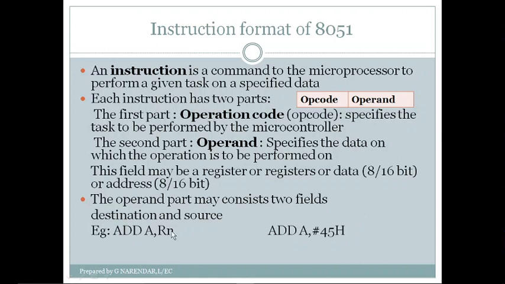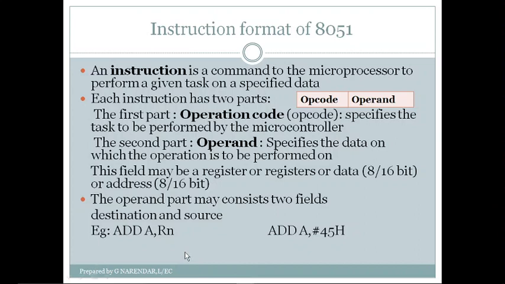So all these specifications are specified by the instruction to the microcontroller. I can give the overall meaning of this instruction: it is a command to the microcontroller which tells it to perform the addition operation on one data byte present in register A and another data byte present in register Rn, and store the result in the accumulator or register A itself.